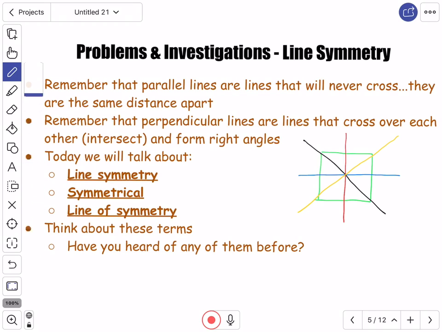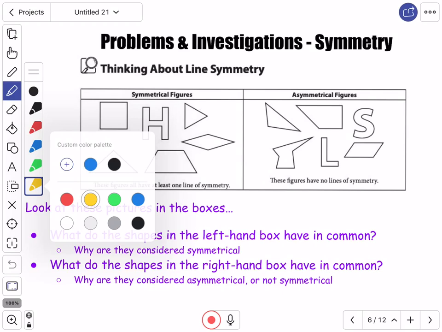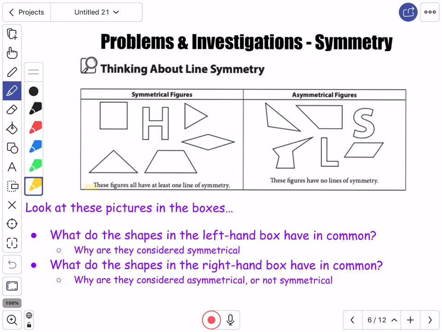I could actually fold this square again. And if you look very carefully, it has another line of symmetry there, and another line of symmetry there, meaning that I could fold it over and it could meet on the other side. So when a shape is symmetrical, that simply means that it has a line of symmetry, okay?